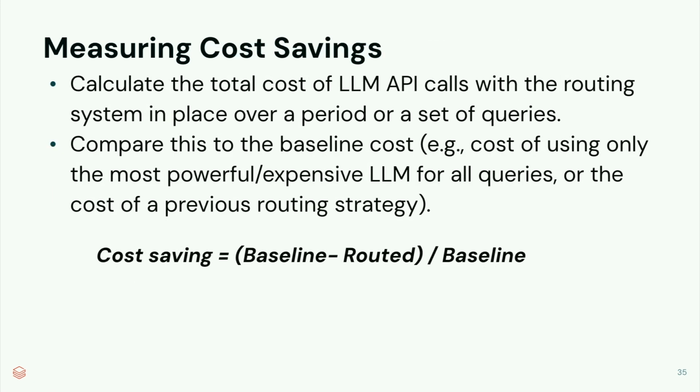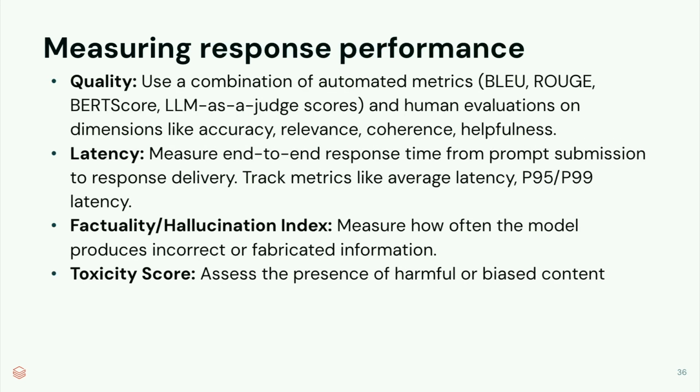So we talked about cost saving, but if you just want cost saving, you can just pick the lowest cost model and route all the queries there. But that is not going to do justice, because it may compromise the user quality. So the other aspect is to make sure that user response performance is still maintained and is pretty good. How do we measure that?